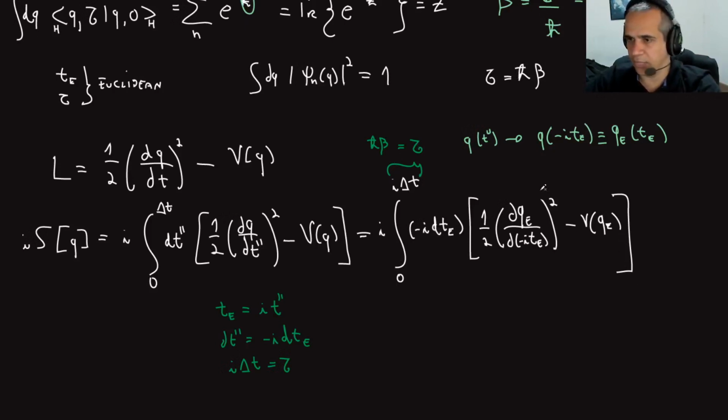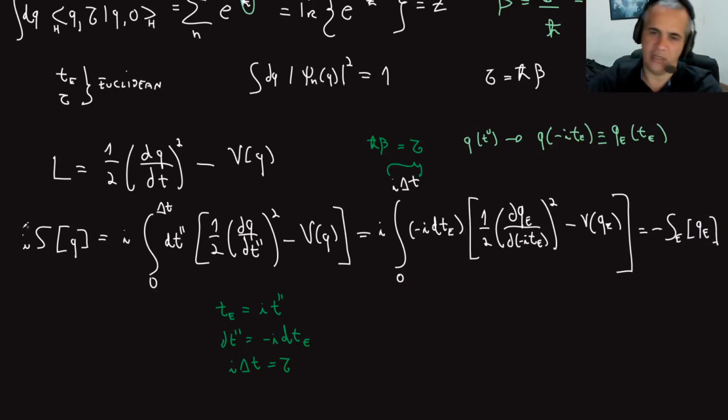And this part here I'll just call minus the Euclidean action, which now depends on the Euclidean position, right? So instead of here I have iS, and I'm calling this minus S because again this is how actions show in statistical mechanics, and I want to explore that relation.